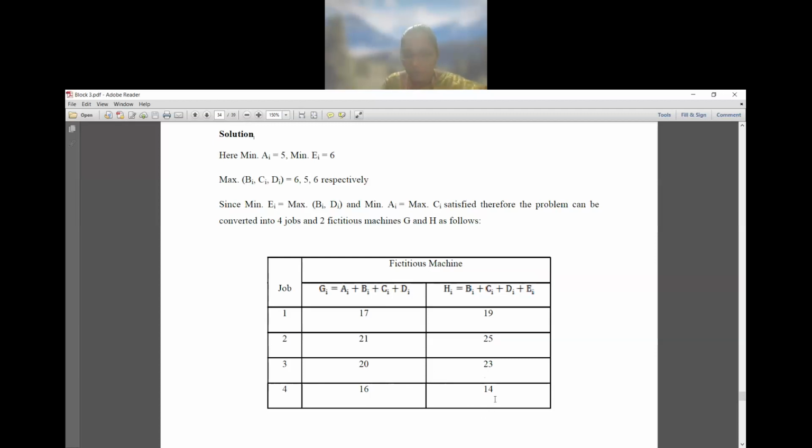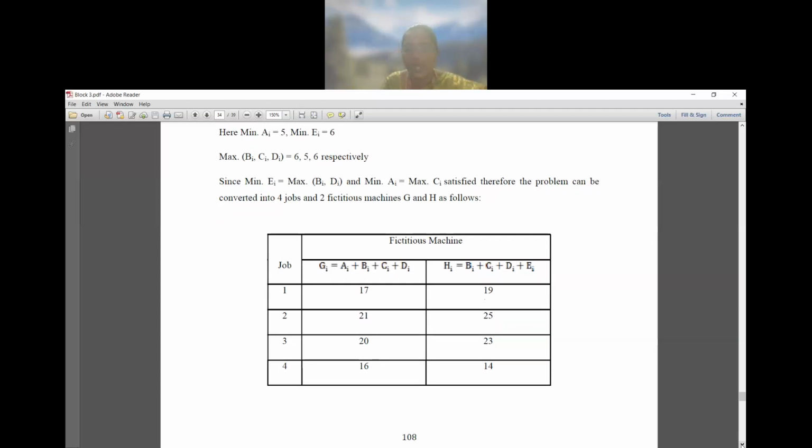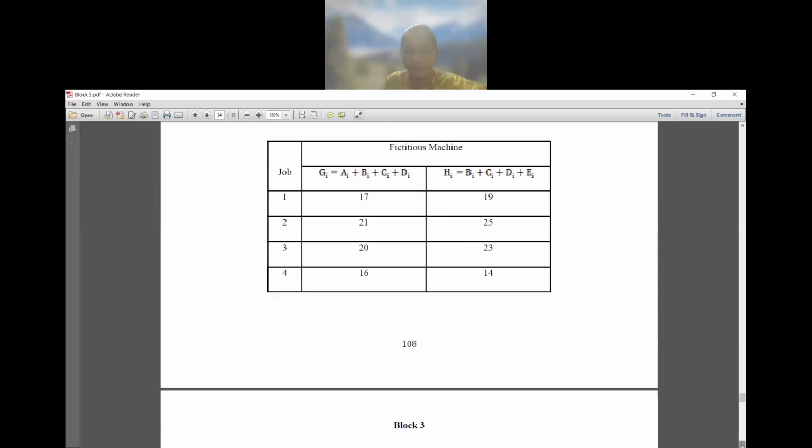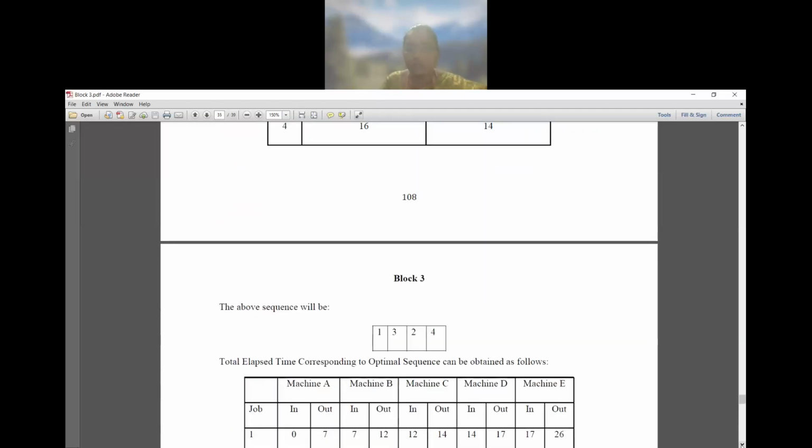So, the given 5 machine problem can be converted into a 2 machine problem. Hereafter, we are going to find the optimal sequence. The optimal sequence will be 1, 3, 2, and 4.